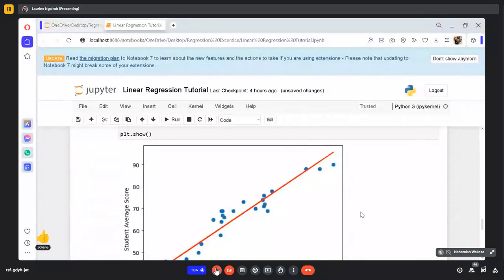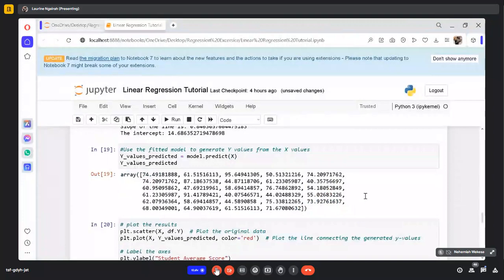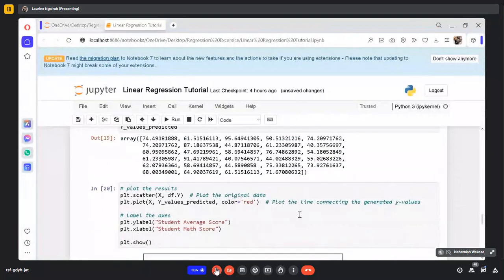Yes, I just have a comment, or rather something very interesting that I discovered. Scroll up to the code above this. Yeah, this one.